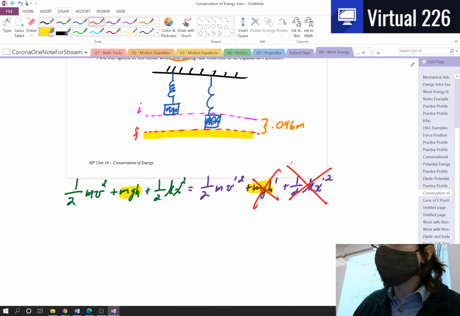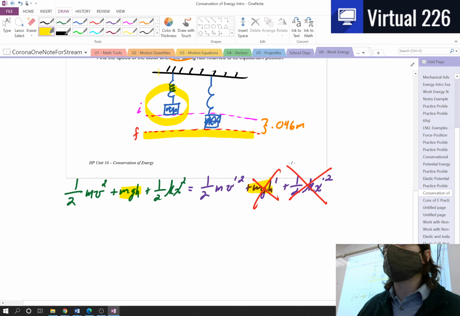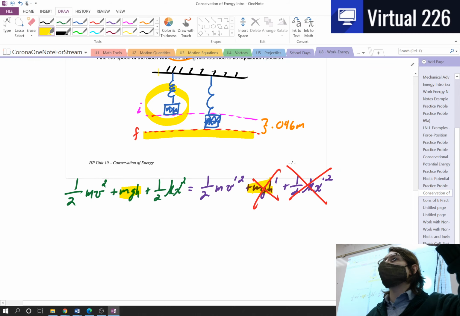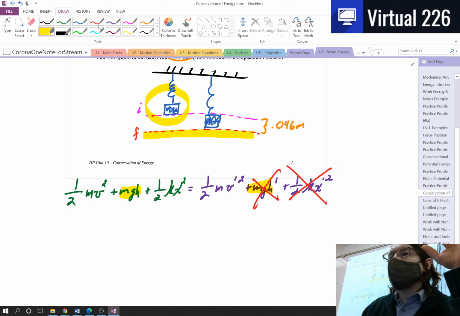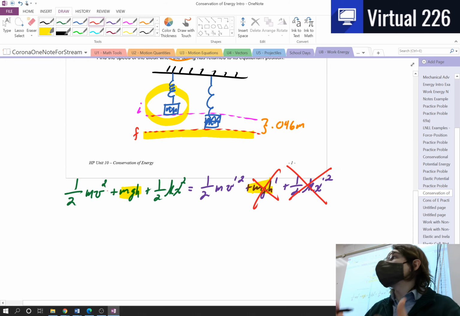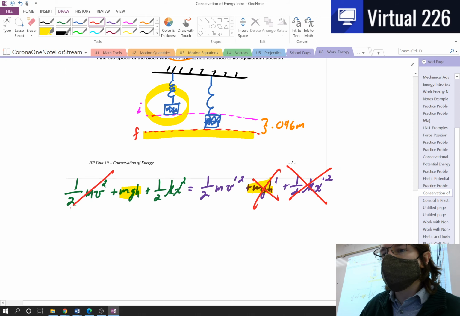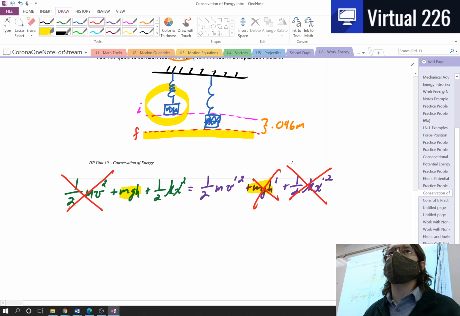Furthermore, we know that initially in this problem, the block is just being held at rest, which means that our initial velocity is 0. And that velocity gives us a kinetic energy, which means that this initial 1/2 mv squared goes away as well.